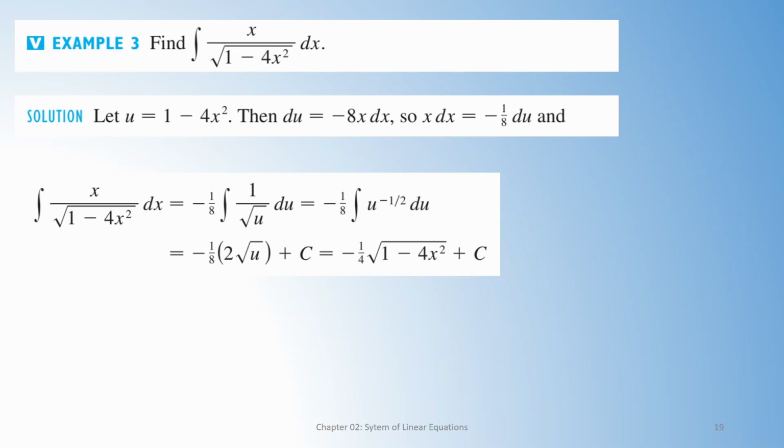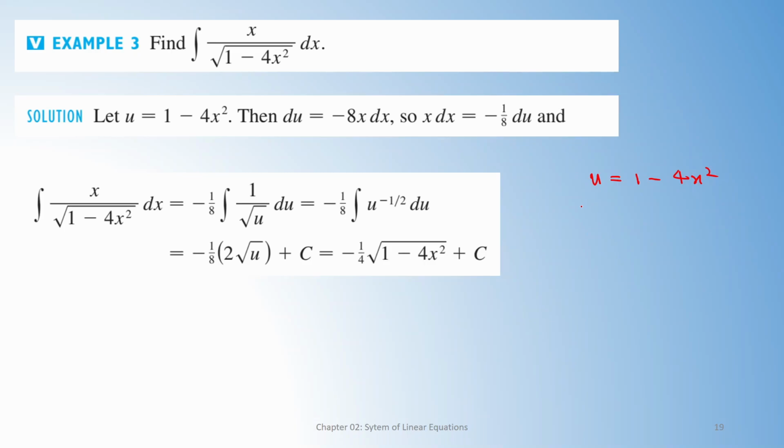One more question. In this case, x over the square root of 1 minus 4x squared. So I will work here. You substitute u equal to 1 minus 4x squared, because inside we have the square root of 1 minus 4x squared.